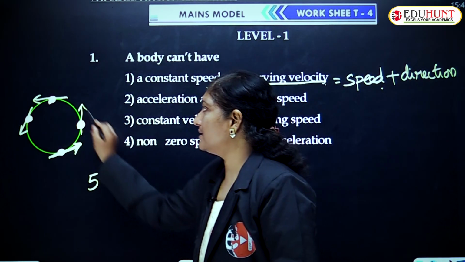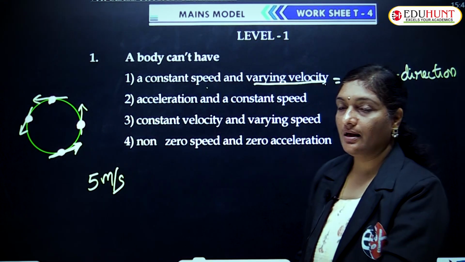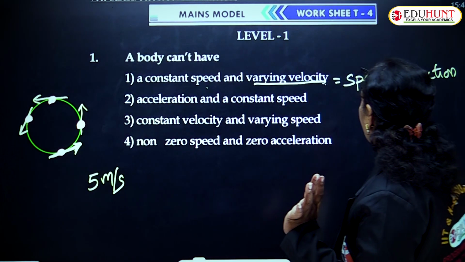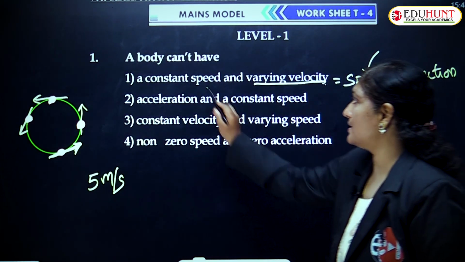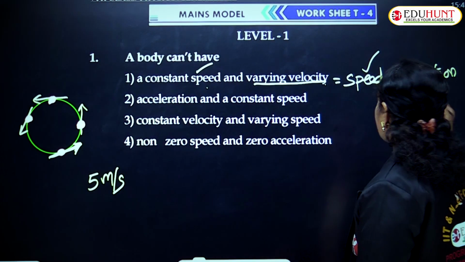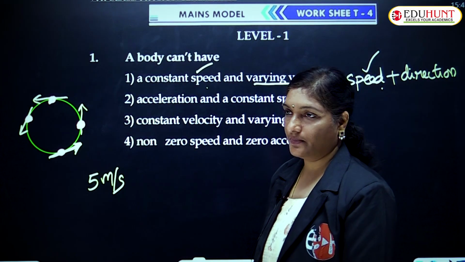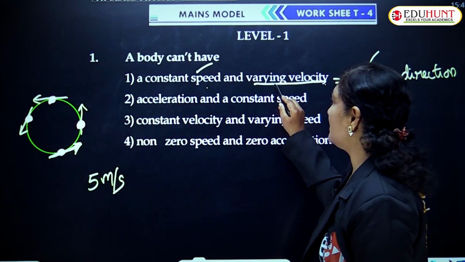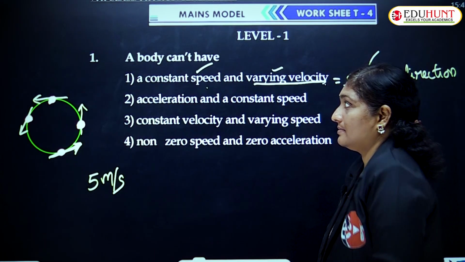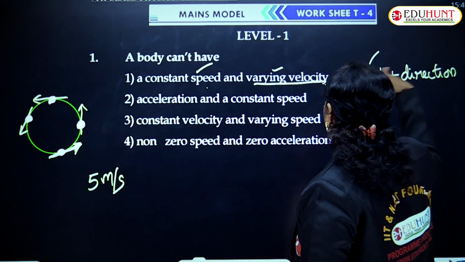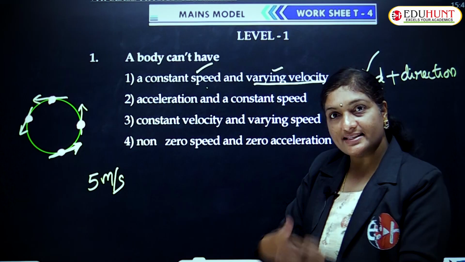Just now we have discussed that the speed is constant throughout its motion. It moves with only 5 meters per second. So speed is constant. But as the direction is changing, velocity changes. So velocity changes, varying velocity. So a body can have a constant speed and changing velocity.